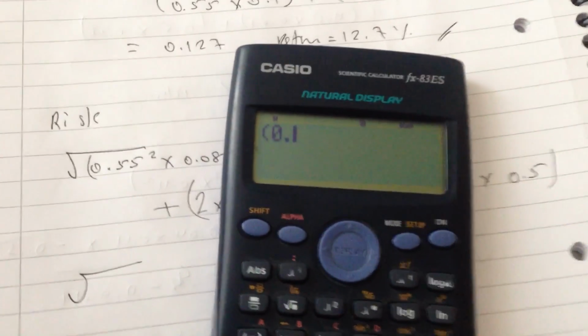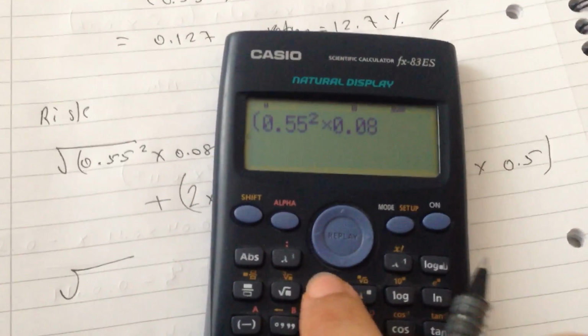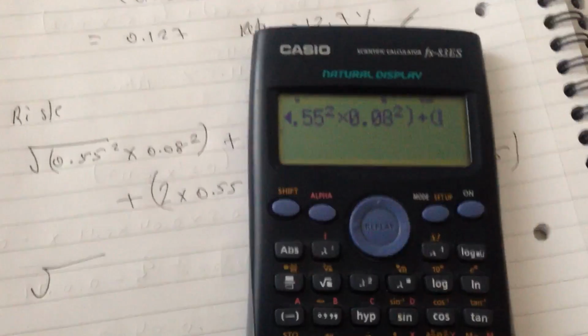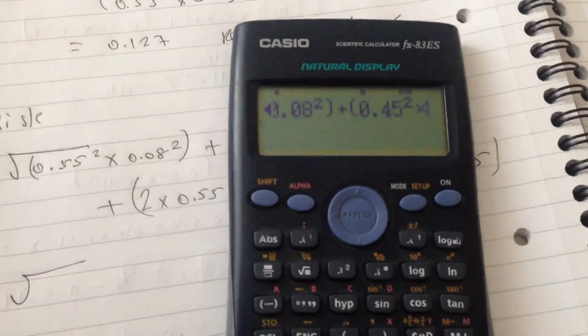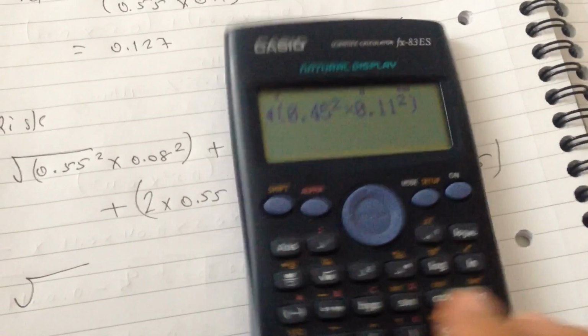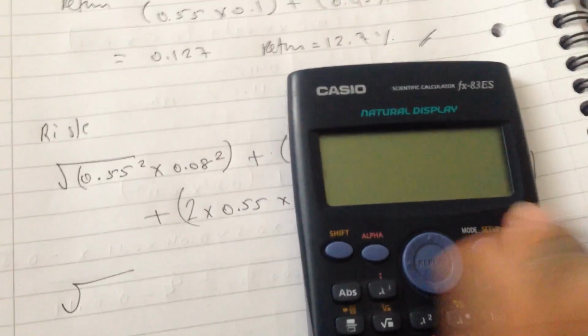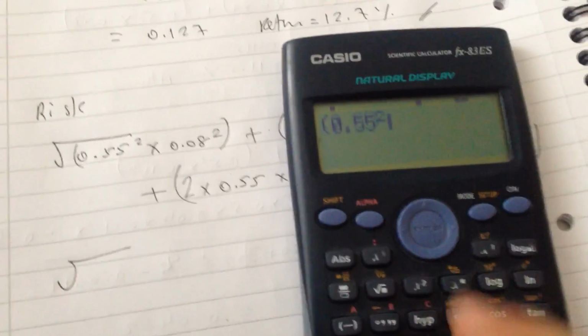Put it into the calculator. 0.55 squared multiplied by 0.08 squared plus 0.45 squared multiplied by 0.11 squared. Actually wait, let's just do it one by one just so it doesn't get confusing. You can do it both ways, can't you?